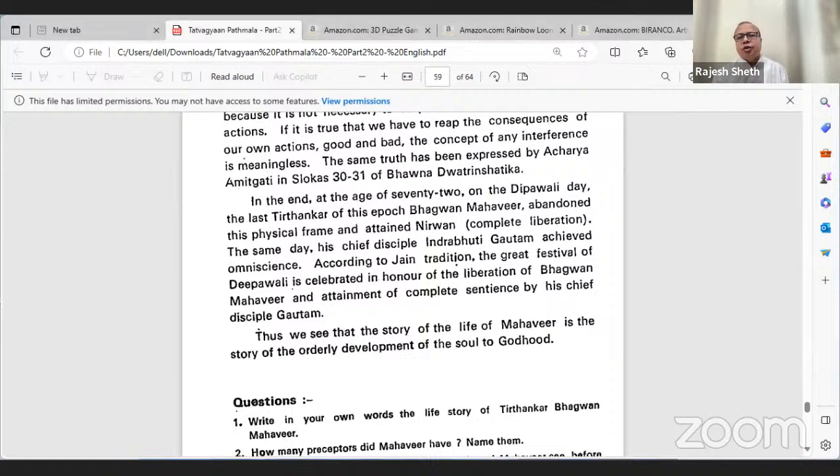Yesterday we read that story, that the friends of Prince Mahavir asked his mother, where is Mahavir? His mother said, he's upstairs. They went floor by floor, and on the 7th floor they saw Mahavir's father. They asked him, uncle, where is Mahavir? He said, downstairs.